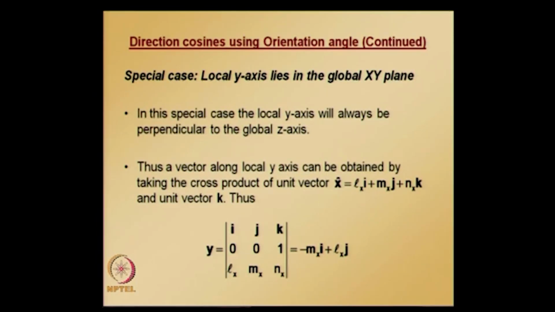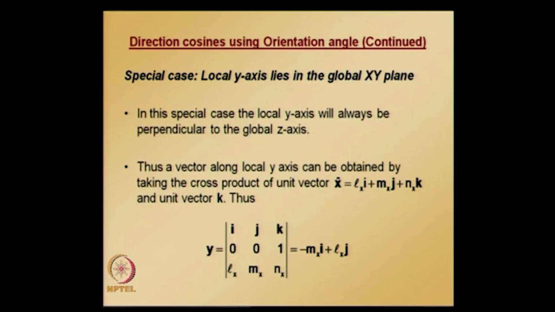And you know that the cross product of a vector along x axis with a vector along y axis gives us a vector along z axis. Similarly, the cross product of y and z gives us a vector along x axis, and the cross product of z and x gives us a vector along y axis.